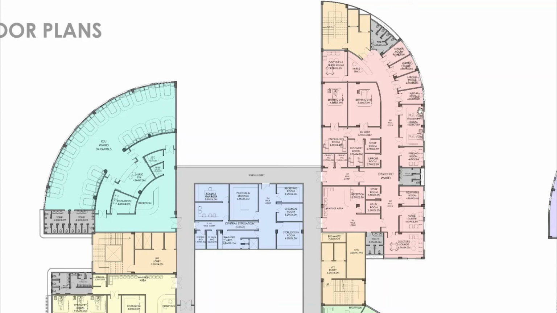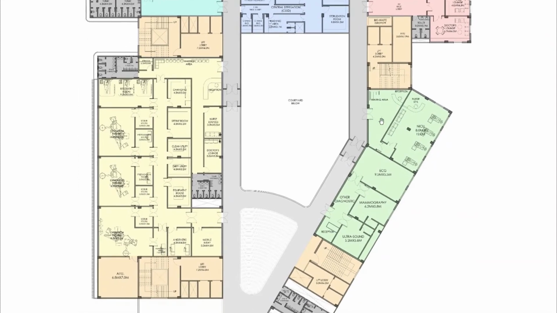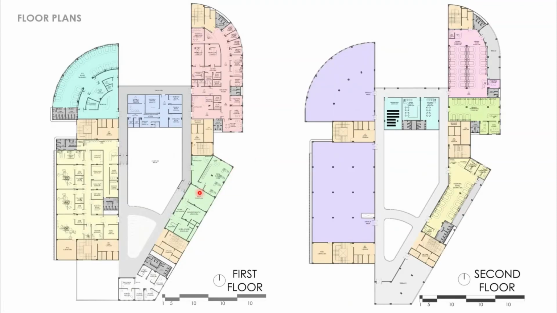Over here, there are spaces such as labor room, birthing units, feeding room, etc. This obstetric ward is connected to the NICU and other diagnostic departments to the eastern side.